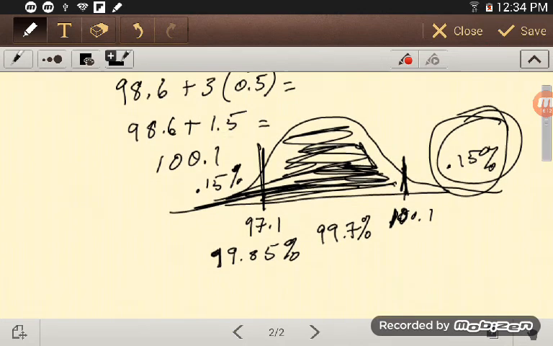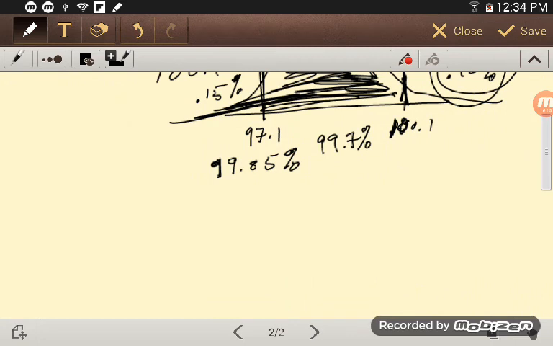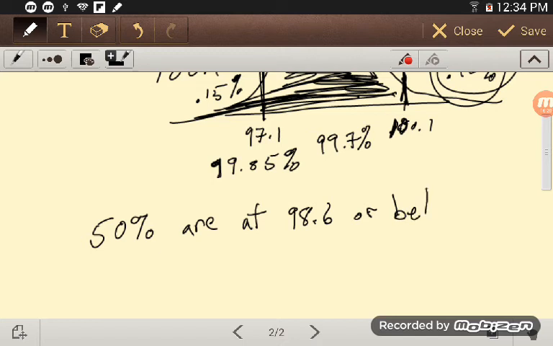Some more to that rule of thumb, of course, is using the body temperature thing. I know 50% are at 98.6 or below. 50% are at 98.6 or above.